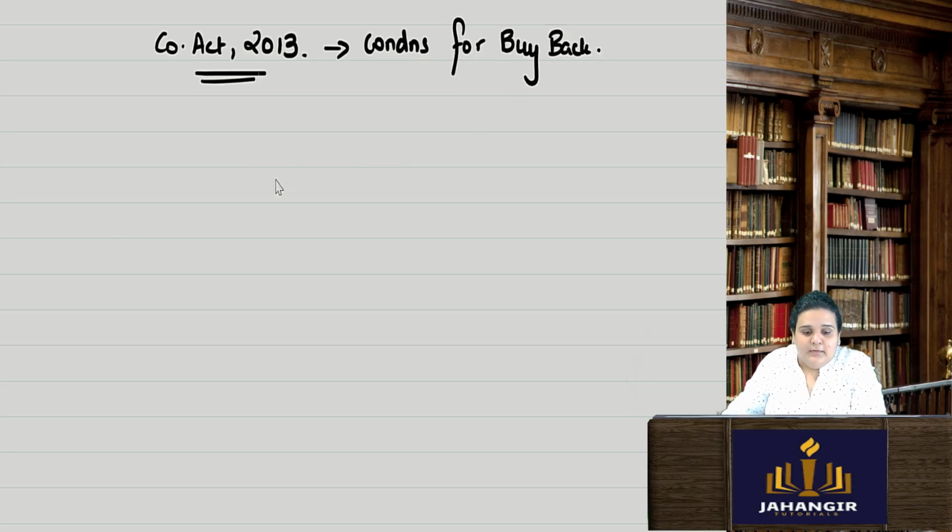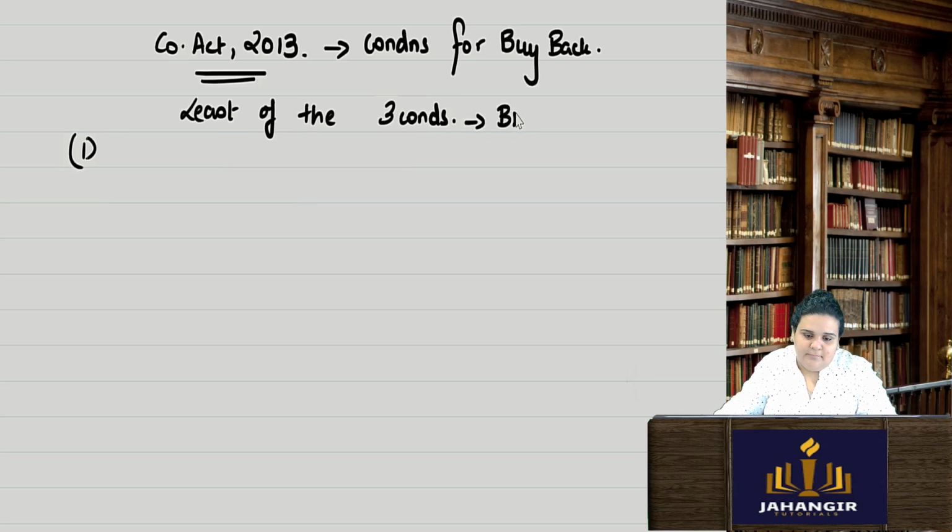Whenever a company is doing buyback, they have to first calculate these 3 conditions, and whichever is the least of the three, that much of buyback is allowed. Only that amount is allowed.